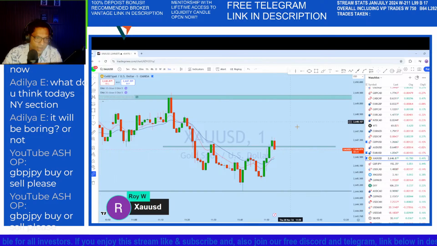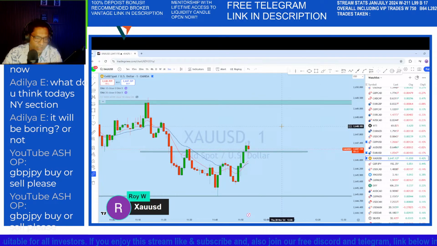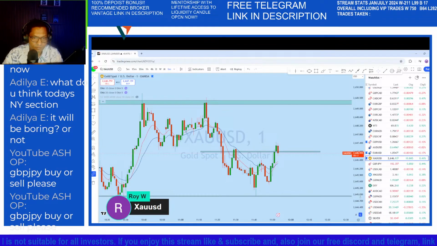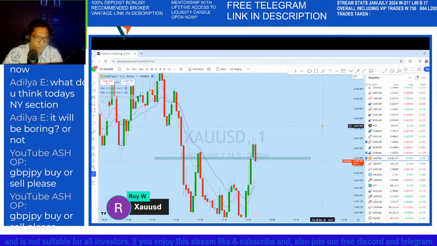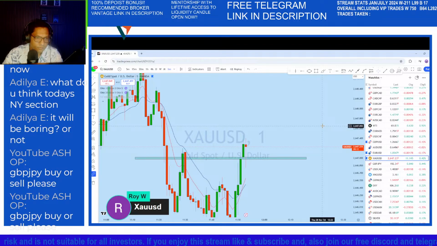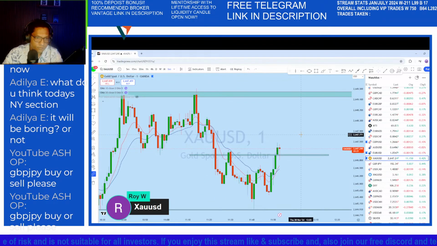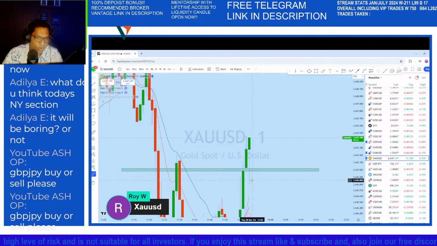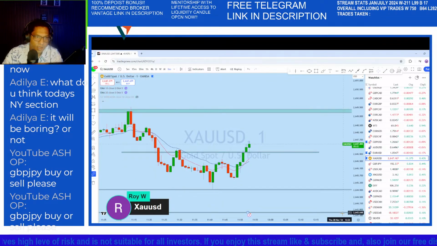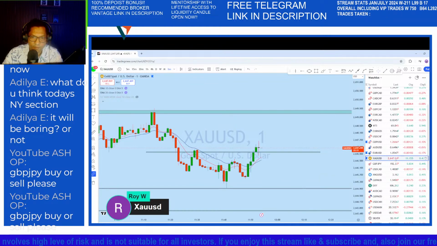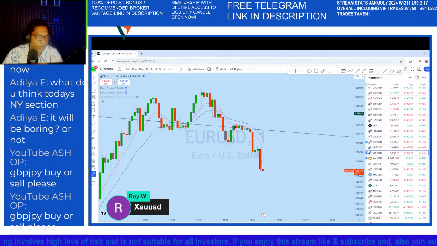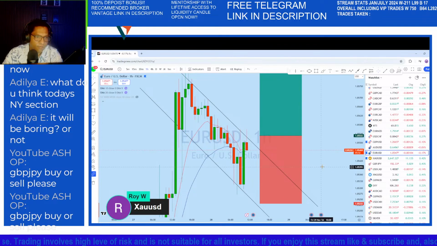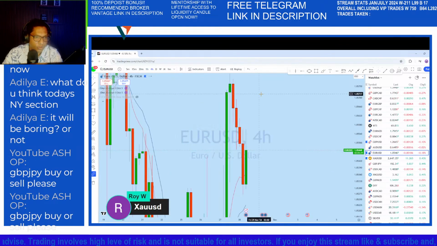A bounce, a pullback, expecting the market to trend in that direction. We'll see how far it might go. Okay, so there is a liquidity grab here, and while we can see euro dollar trying to come for a deeper pullback, how far it might come, it's an important level to look at.